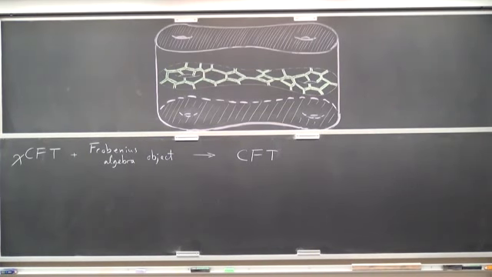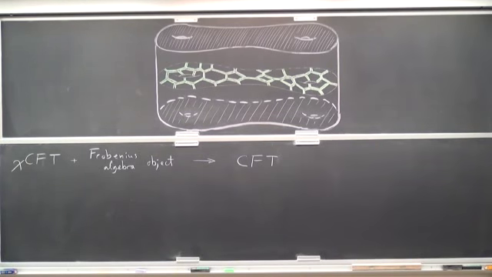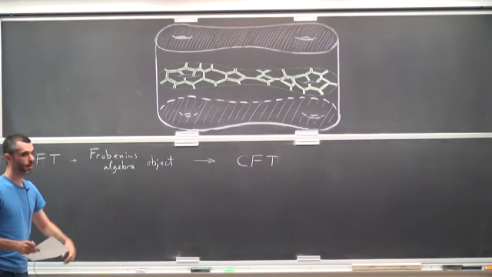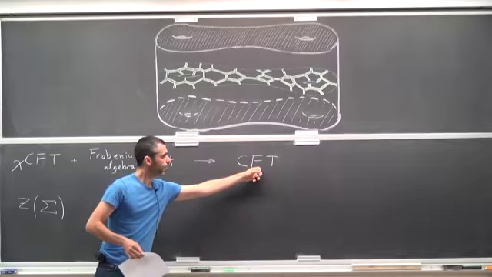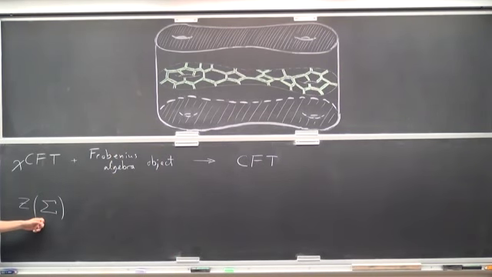So this is a big body of work, and I'm not going to be able to reproduce the whole thing here. But I want to tell you at least how to, given a chiral conformal field theory and a Frobenius algebra, get the value of the corresponding conformal field theory on a closed surface.